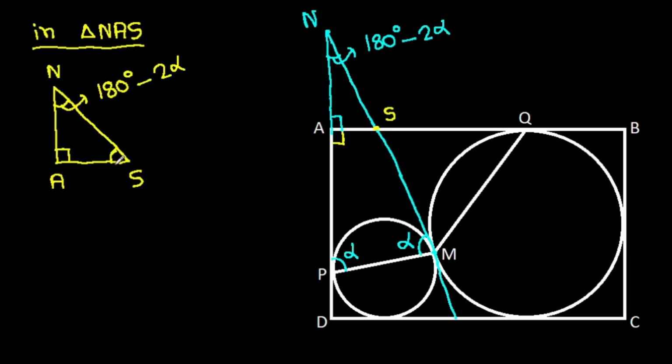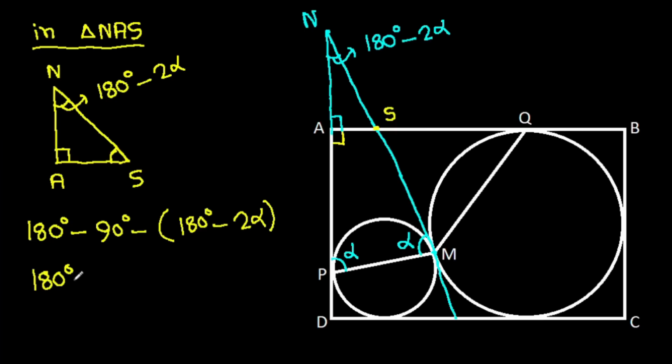So this angle, it will be 180 degrees minus 90 degrees minus 180 degrees plus 2 alpha, and 180 degrees will get cancelled.